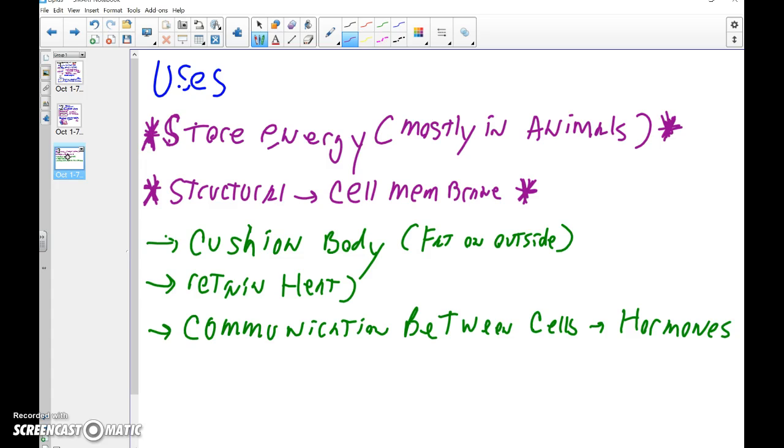Now, this mostly happens in animals, but obviously like olive oil and vegetable oil and peanut oil, like we know that plants do it as well. It's just that this is the primary way animals store energy, all right? There is a big difference between storing energy and using energy, and that's important.